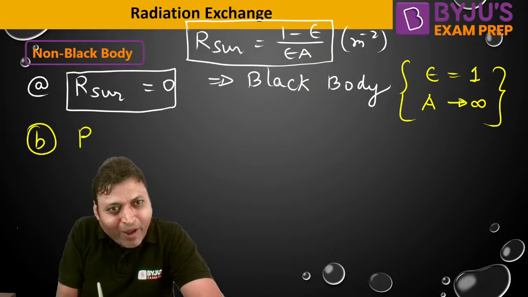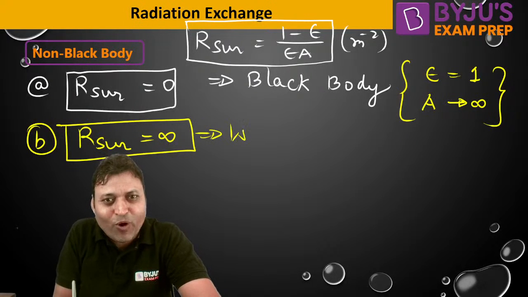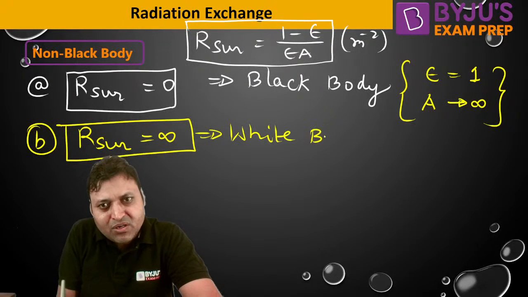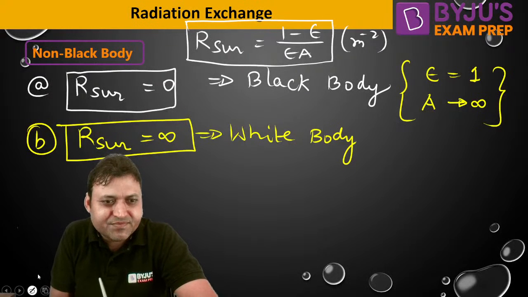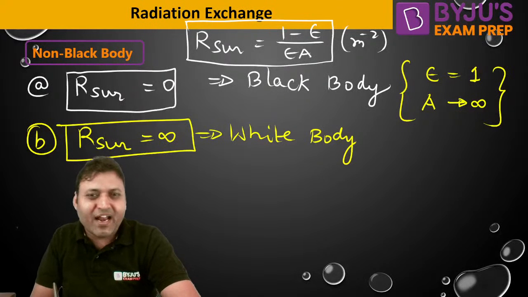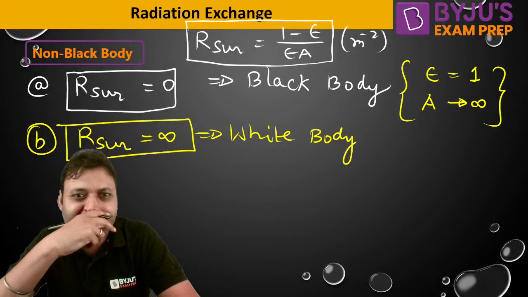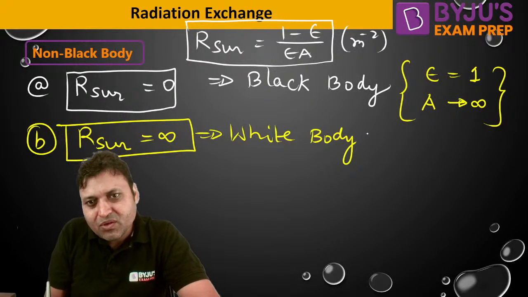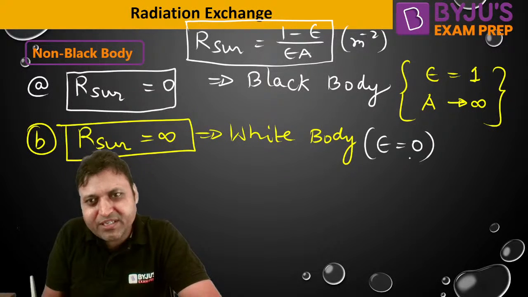And whenever the surface resistance is infinite, then the body can be called a white body. For a white body, the surface resistance is infinite. What is the condition for having the surface resistance infinite? When emissivity is equal to 0.